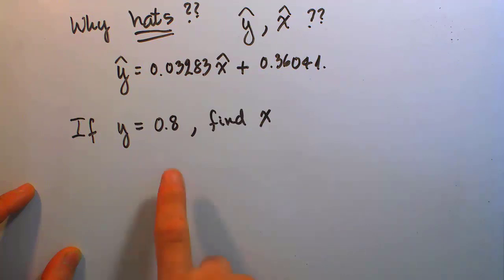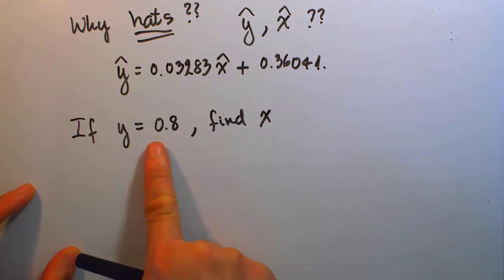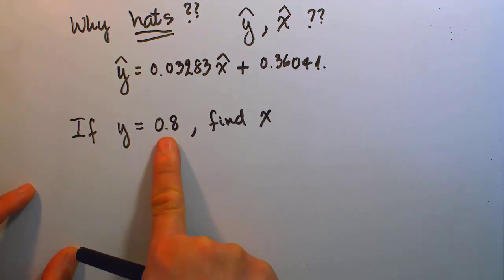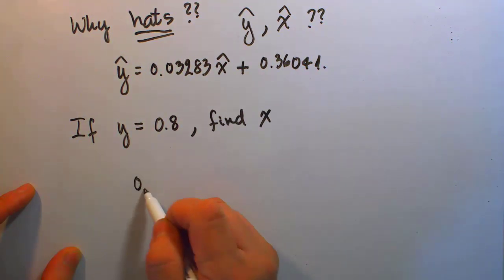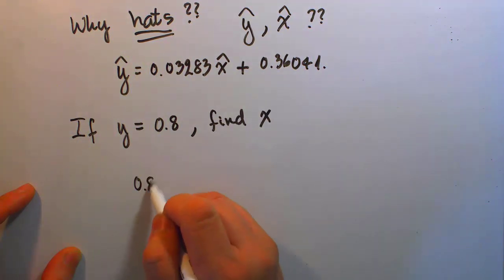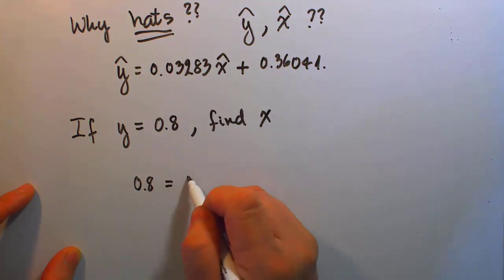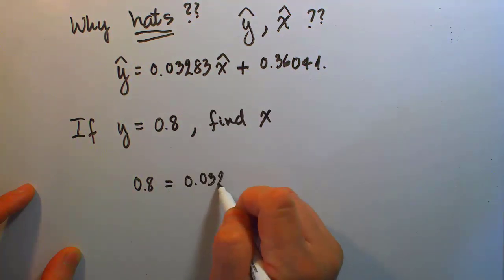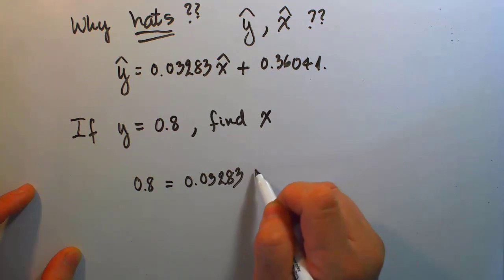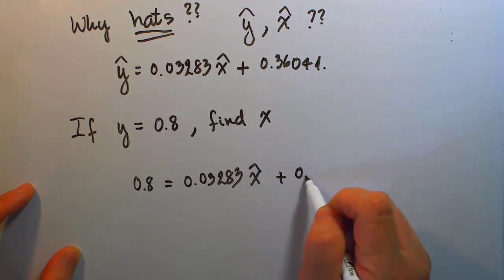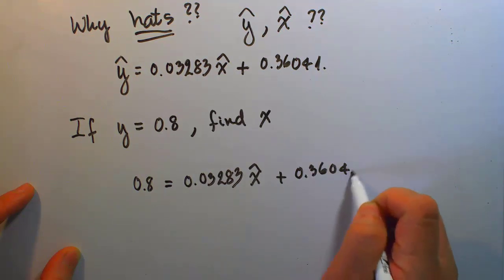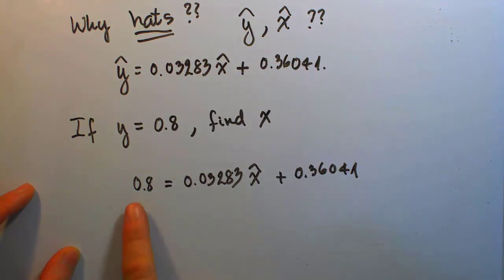So we pretend, or hypothetically say, that 0.8 was there in the data, so we substitute on the left-hand side of the equation: 0.8 equals 0.03283 times the unknown x that we're predicting, plus 0.36041.